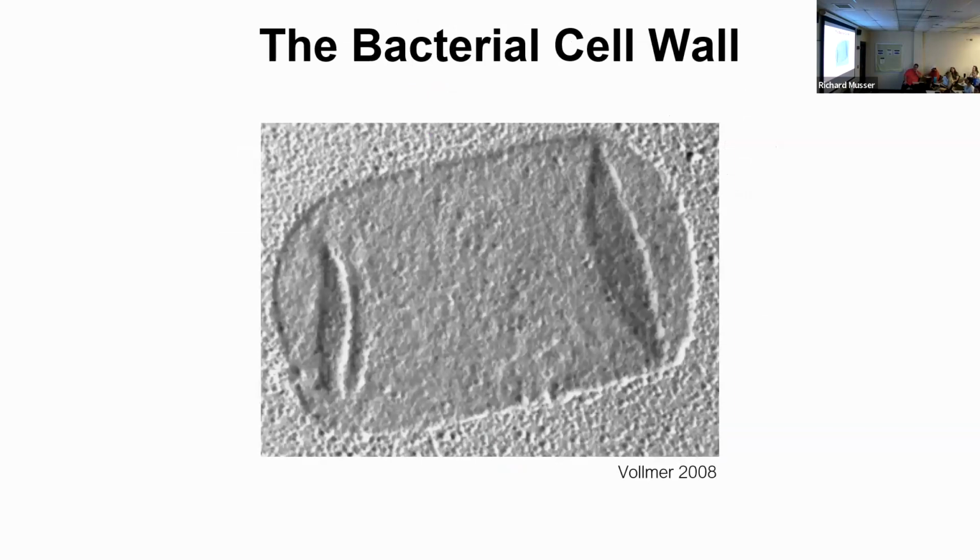This is a micrograph of purified bacterial cell wall. This is purified E. coli cell wall. And what you'll notice is this micrograph of just cell wall looks an awful lot like those bacterial cells I showed you earlier in the video. And this is because the bacterial cell wall is what gives bacteria their shape.